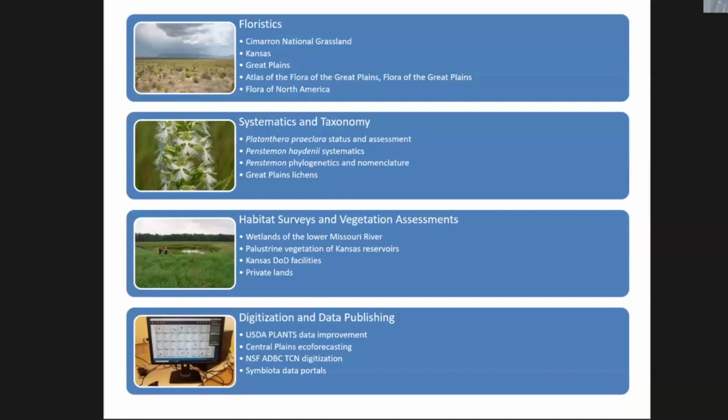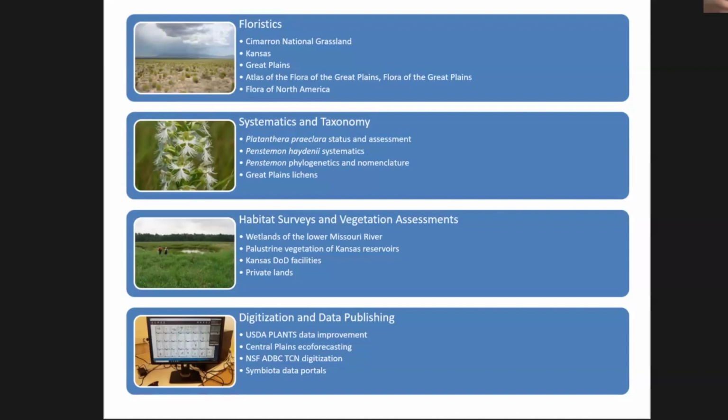So I can't go into a lot of detail about how material was accumulated through time, but I'm going to highlight a few of these things for you. In the last 30 or 40 years, most of the materials come in as a result of floristic work. So studies of specific parts of the landscape like Kansas or other parts of the Great Plains. Work that we've been doing on the systematics or taxonomy of various groups of plants in this region.